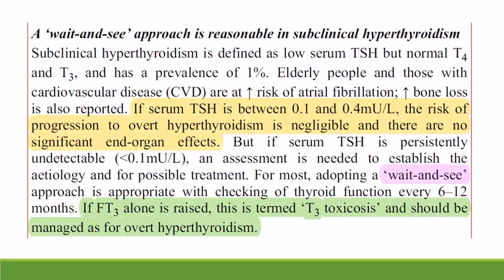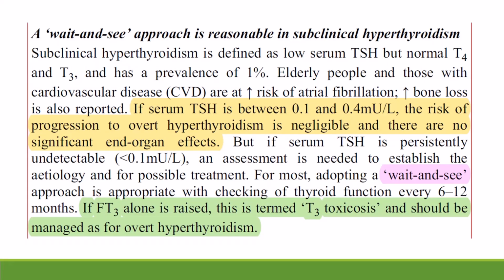Management of subclinical hyperthyroidism: in a lot of scenarios, wait and see is the ideal approach, especially if serum TSH is between 0.1 and 0.4, a mildly low TSH. This is grade 1 subclinical hyperthyroidism. In this situation, wait and see can be the ideal option.